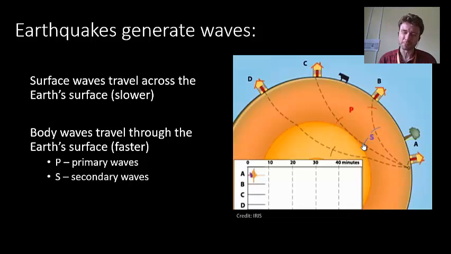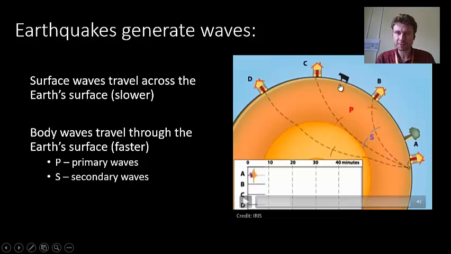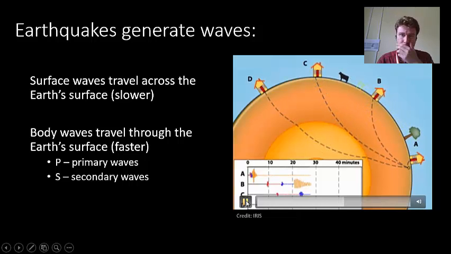This isn't something you need to remember, but P waves, you can think about them as compressional, pushing a solid in between. And S waves, they're shear waves. They move back and forth. But notice how if each of these stations, each of these locations was a recording station, that these P waves meet before the S waves.